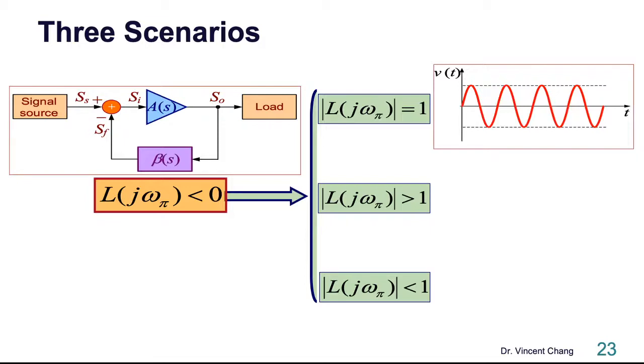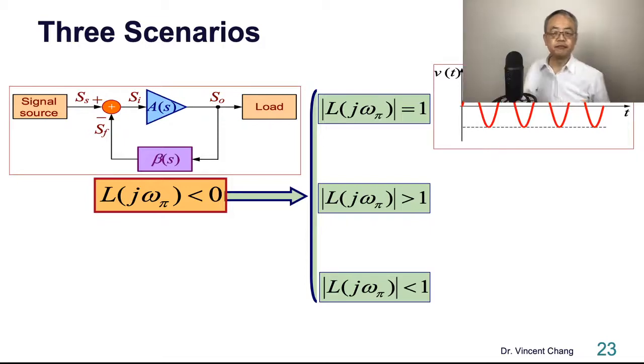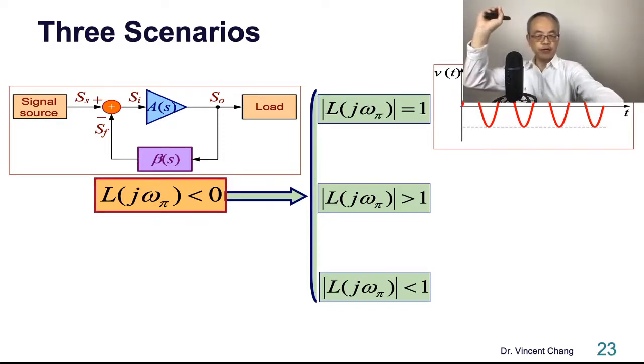Why is it an oscillator? Think about this. What is L? If you go through A and then backward through beta, how many degrees are introduced? 180, right? Or you can say negative 180.